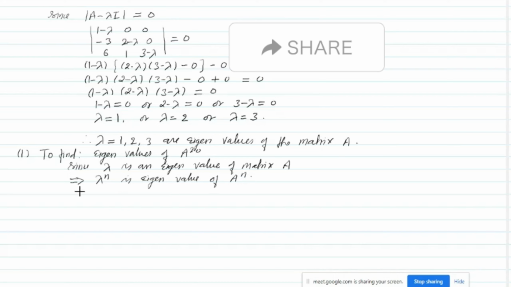Okay, so just replace this. Therefore the eigenvalues of A raised to 20 are what?